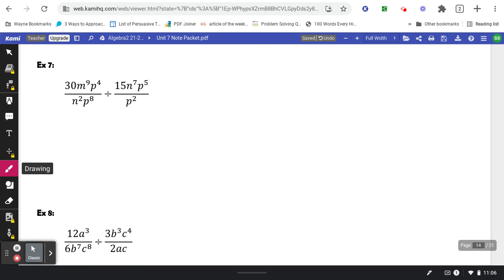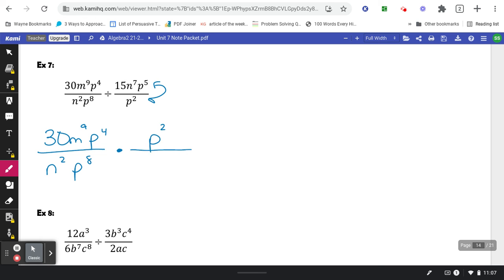Example 7. Start by flipping this. So I'm just going to do a rewrite of it. Change to multiply. And flip this.